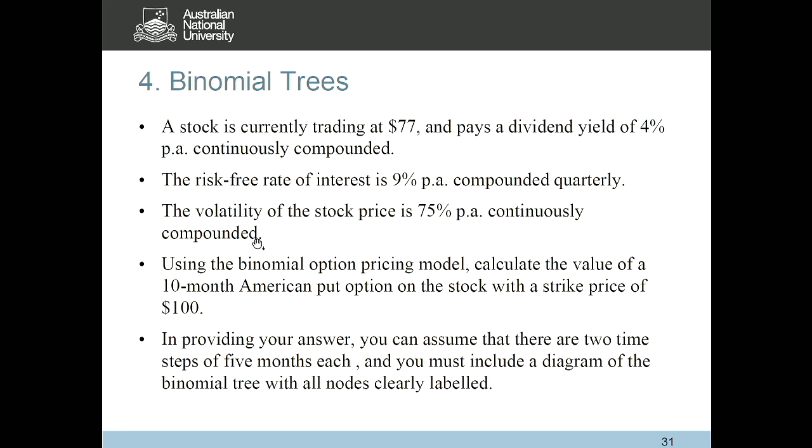Using the binomial option pricing model, calculate the value of this 10-month American put on the stock with a strike price of $100. You can assume there are 2 time steps of 5 months each. You split the 10 months into 2 steps, each taking 5 months. You must draw a diagram, and all the nodes must be labeled clearly.